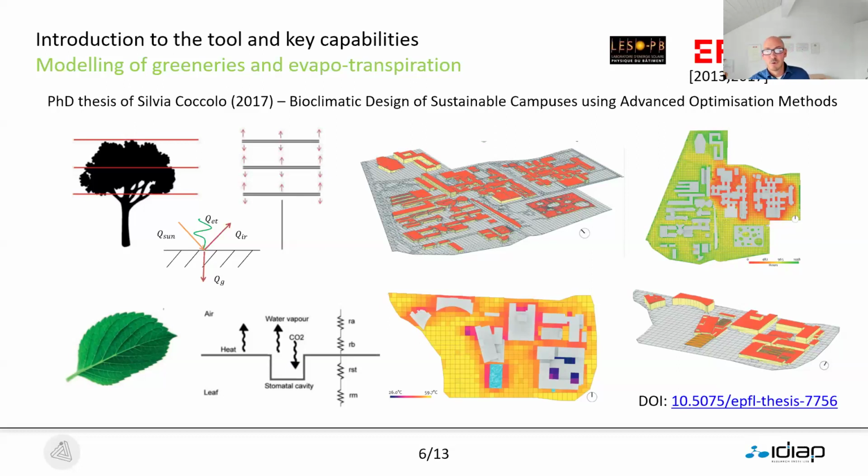And the idea was to develop actually simplified models for the evapotranspiration effects of the trees and of the green areas in general. So we added all of this to CitySim. We ran simulations. Of course, we calibrated the models. We had a look at the different results. We compared with measurements.